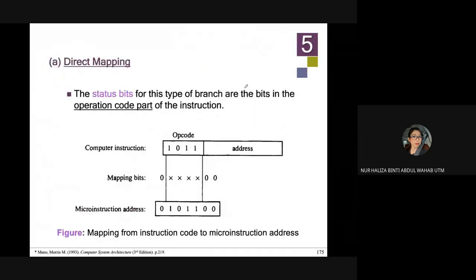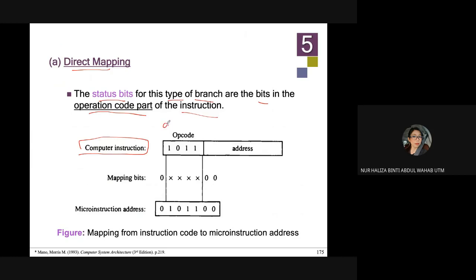Okay, so there are two. First of all, we're going to look into direct mapping. Under direct mapping, you can see the status bits for the type of branch are the bits in the operation code part. In a computer instruction, you have the opcode.